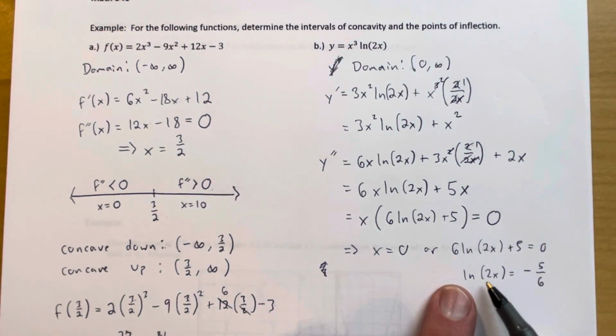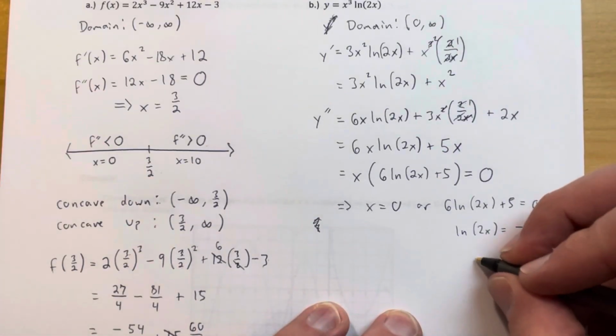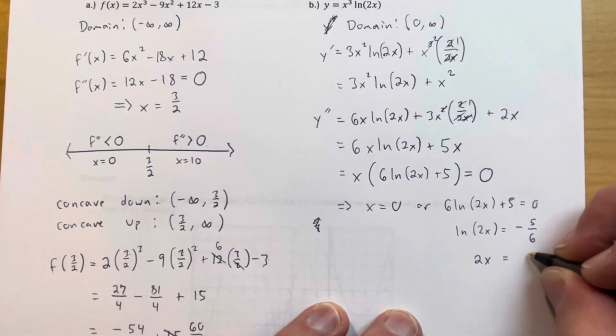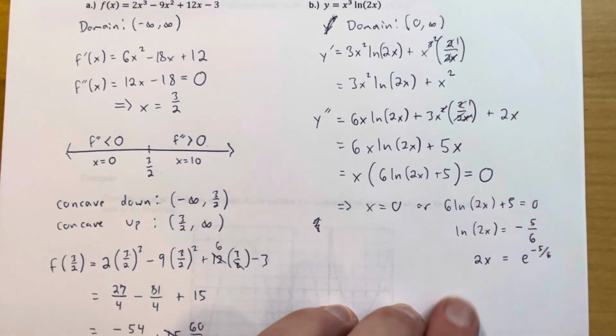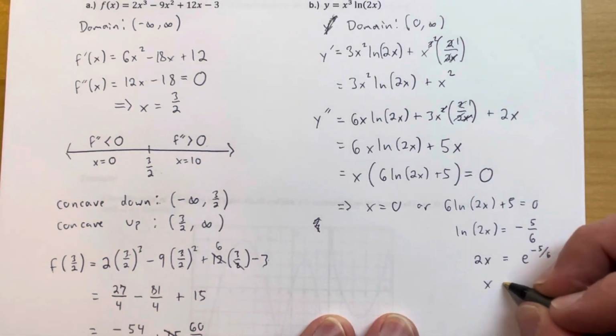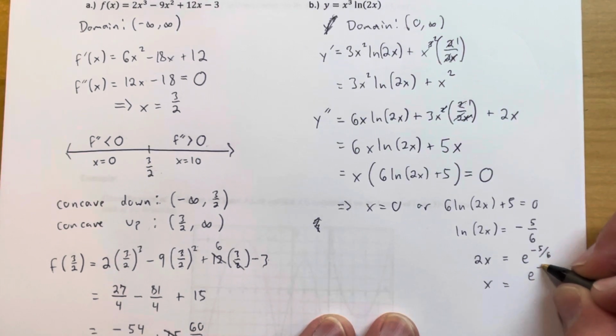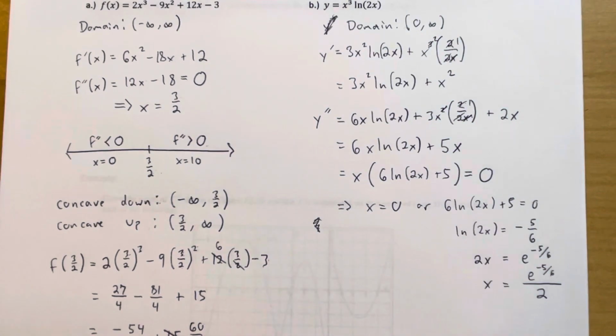Remember, to undo the natural log that's happening on this side, I take e to the power of both sides. So now I have a 2x by itself and an e to the negative 5/6 over here. Finally, I can divide by 2. x is equal to e to the negative 5/6 divided by 2. That is my other partition number.